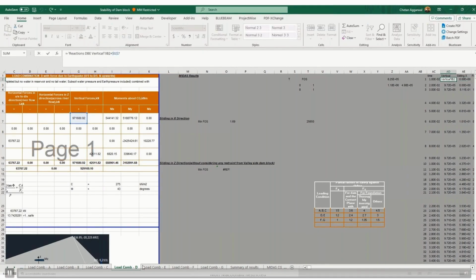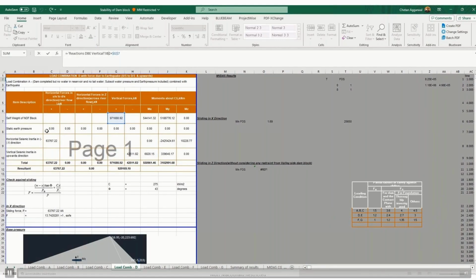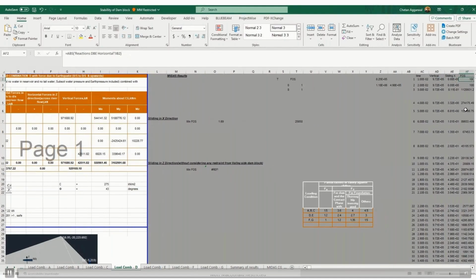Say if it is a D condition, add it with the vertical loads. In D condition only self weight will be there. Okay, and so I'll add that particular load here with the response I get from this time history analysis.